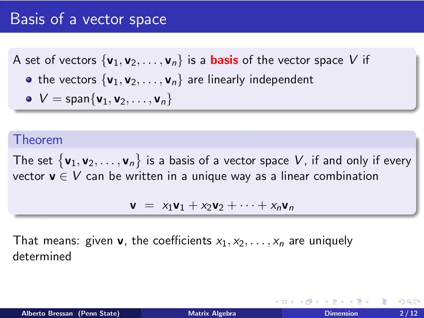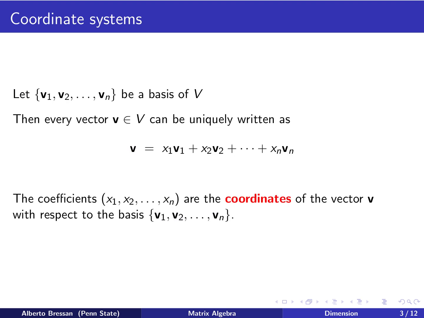So for every vector v in particular, you will have a unique set of coefficients, these x's, x1, x2, and xn, that is related to that vector. So once a vector v is given, then this set of coefficients are also uniquely determined.